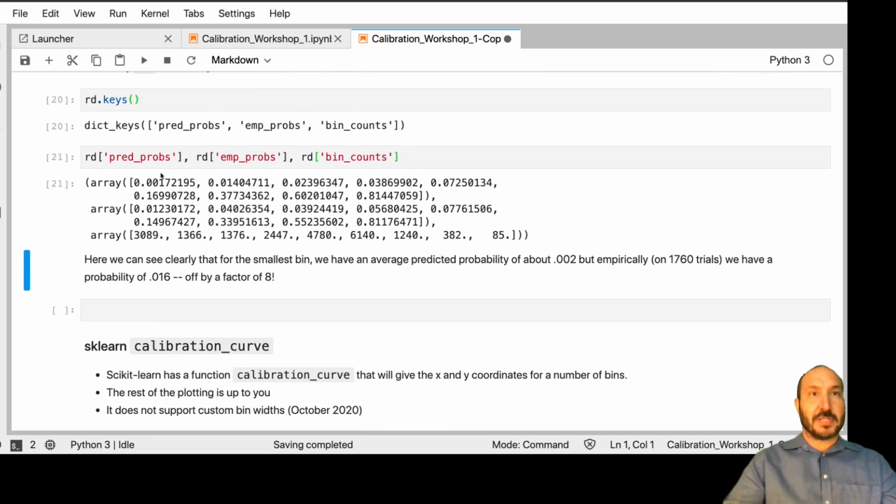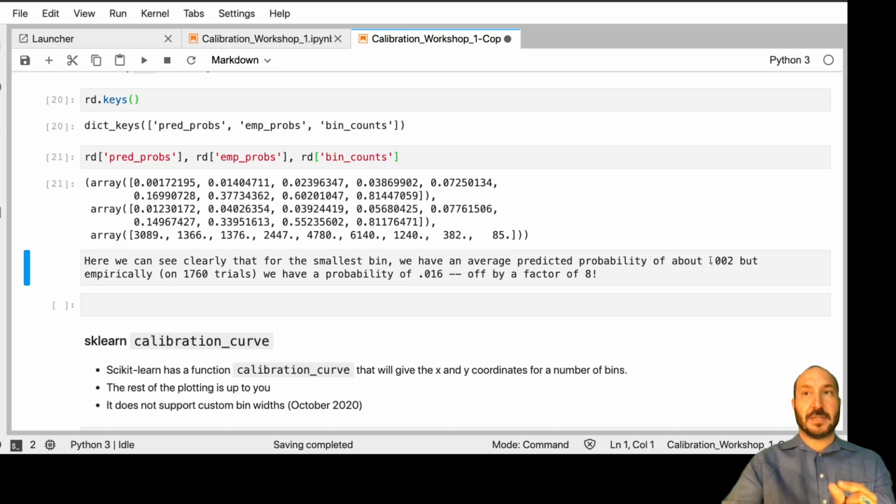And so, for example, in the smallest bin, we see that our predicted probability of the points in that bin averaged out to about 0.0017. But in reality, there was about 1.23%. So these numbers are a little bit off that I wrote. So let me just fix this.